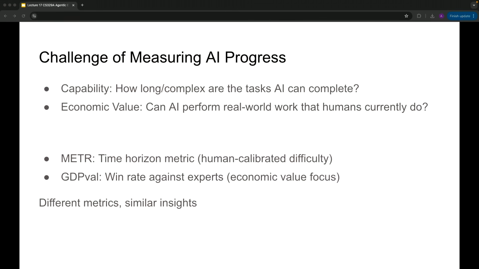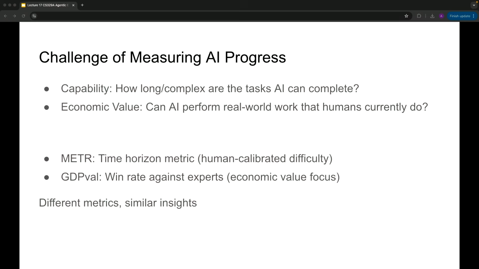In terms of measuring capability, what we cover today is the task of how long or how complex a task these models can accomplish. And the second question we ask is, what is the economic value of the tasks these models can do, or can they do real-world tasks that humans can currently do?